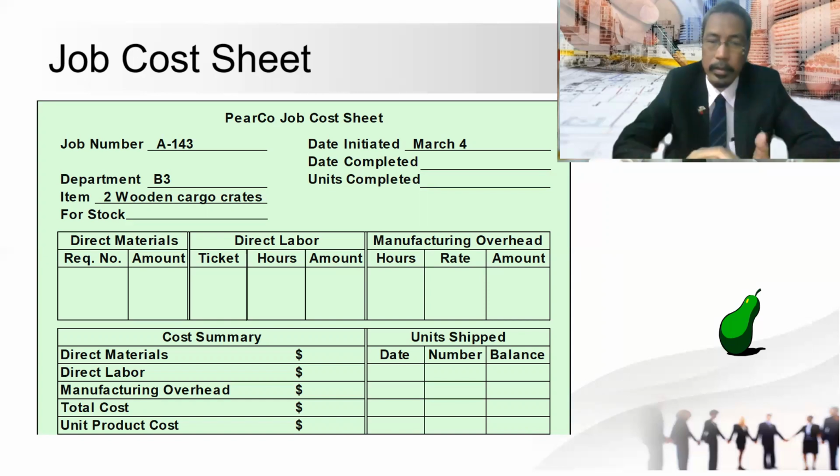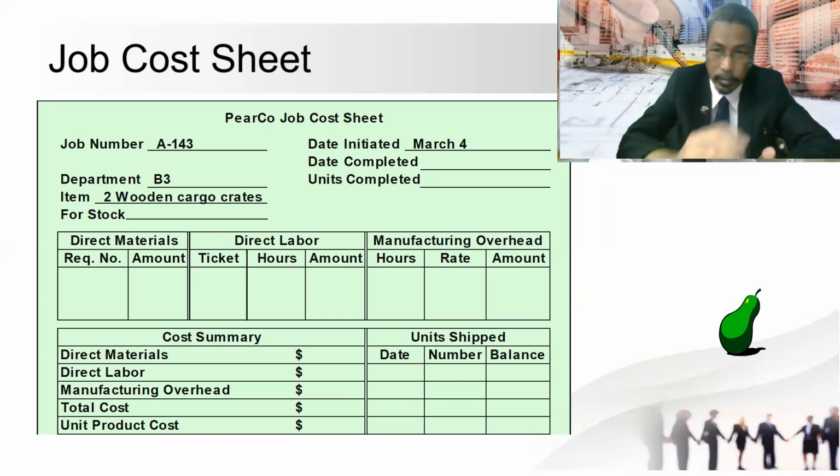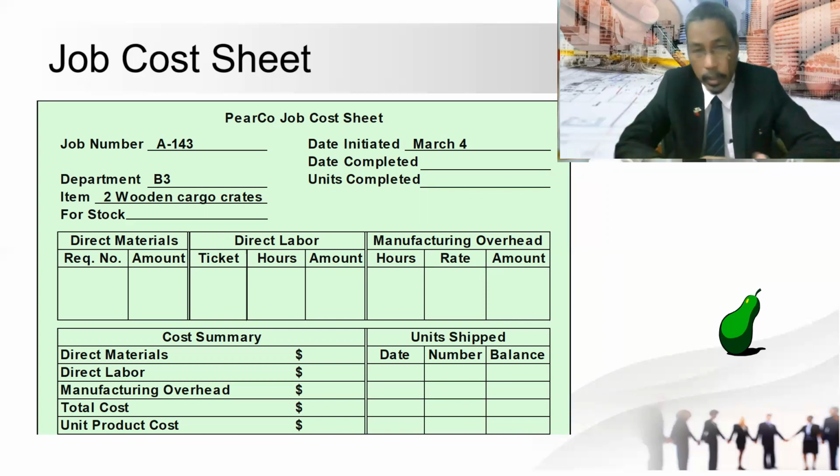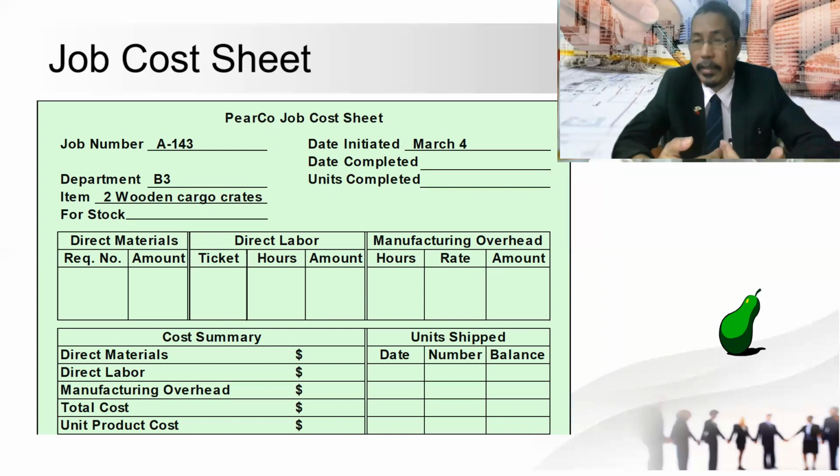Worker A, you have to work on line 1 today. Worker B, you have to work on line 1, similar to it. Worker C, you have to work on line 2. Each of them, I have an expectation at the end of their shift: how many crates I am expecting from each of them depending on the line.